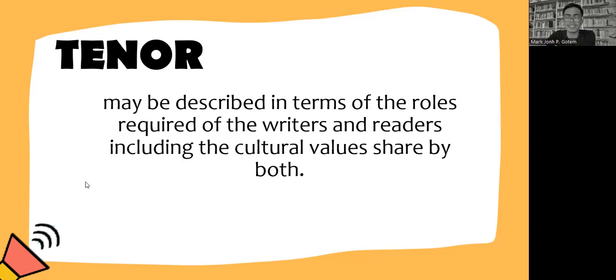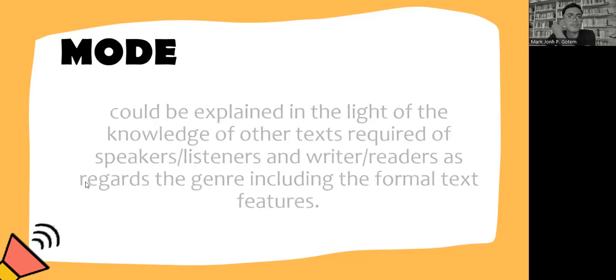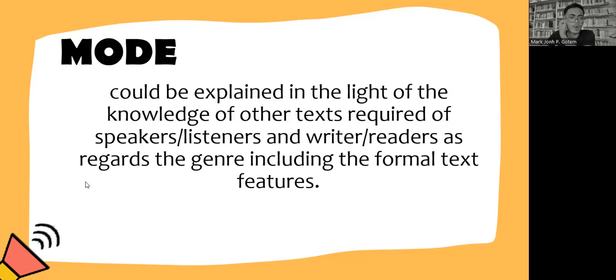Next, mode. Mode could be explained in the light of the knowledge of other texts required of speakers or listeners and readers as regards the genre, including the formal text features. We will no longer explain this further because it is understandable.